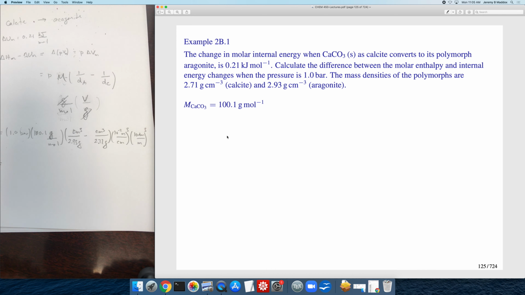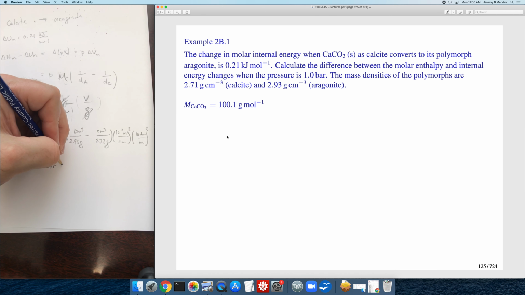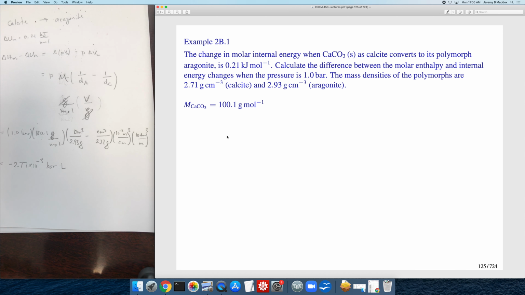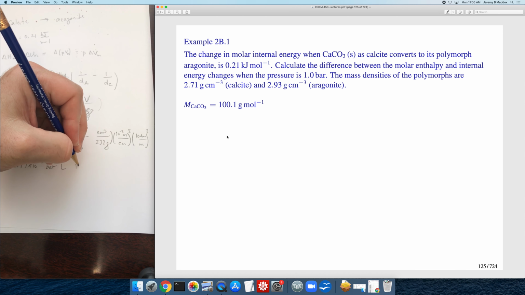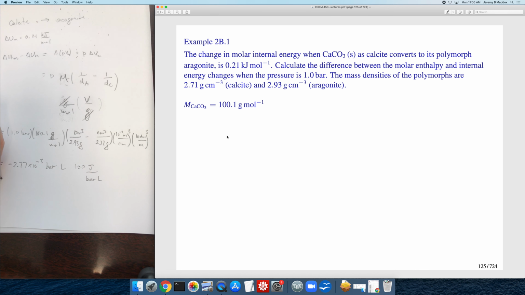So I'm getting minus 2.77 times 10 to the minus 3, that's units of bar liters. And then to convert that to joules, we would multiply by 100 joules per bar liter. And so we get minus 2.77 times 10 to the minus 1.